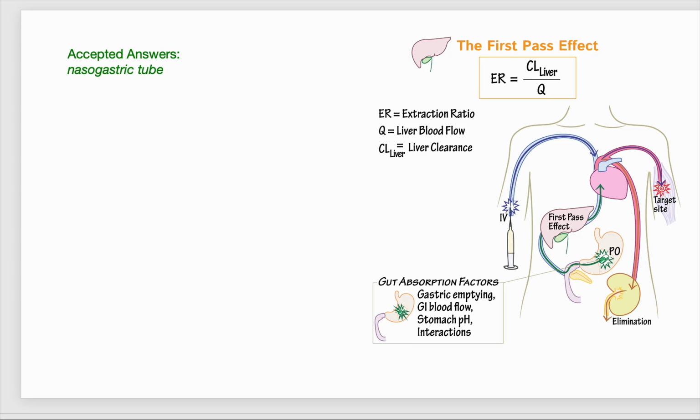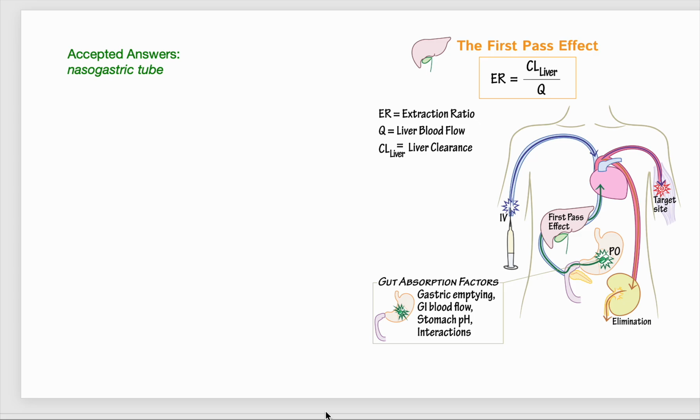Now, let's discuss first pass effect. First pass effect is basically how the drug gets metabolized before reaching the systemic circulation.